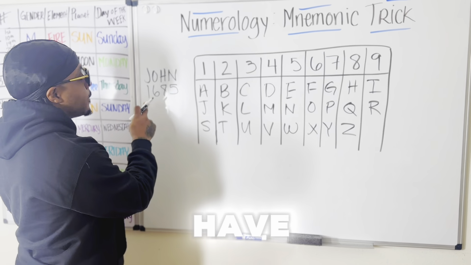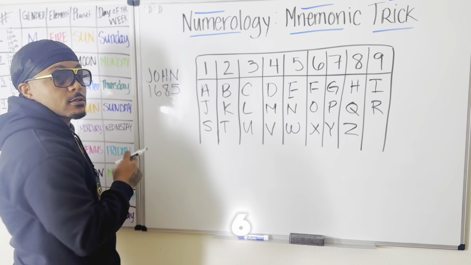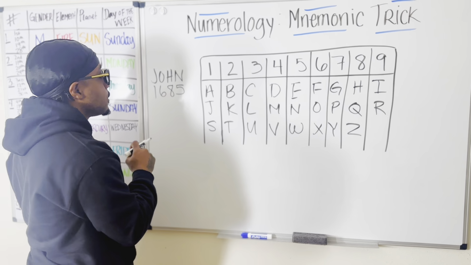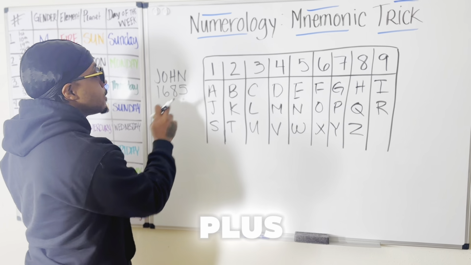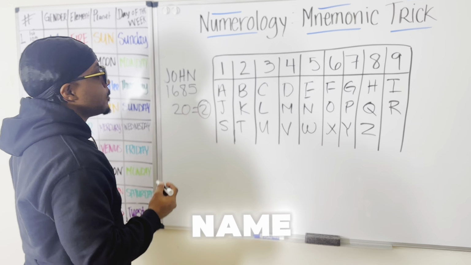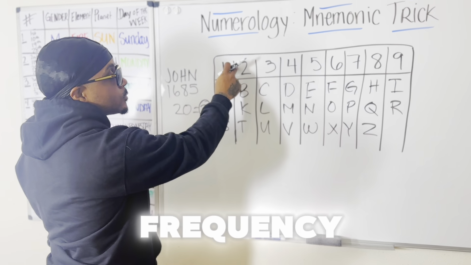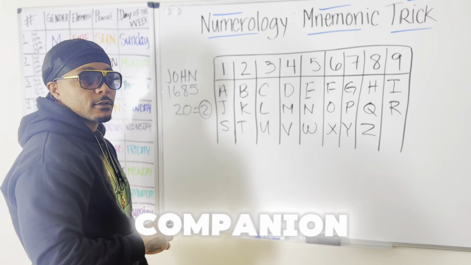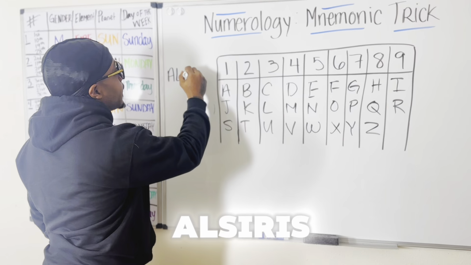So now you have 1 plus 6, that's 7, plus 8, that's 15, plus 5, that's 20. So if a person's name is John, it holds the frequency of a 2. And the 2, that's harmony. That's a companion.